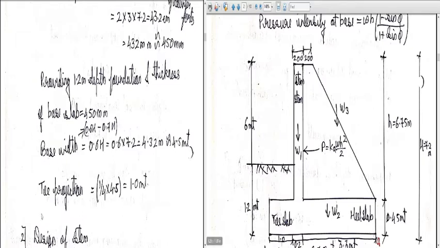The depth of the foundation is 1.2 meter. So the total height, capital H, is equal to 7.2 meter. We also computed that the depth of the base slab is 0.45 meter. So H minus 0.45 gives small h as 6.75 meter.